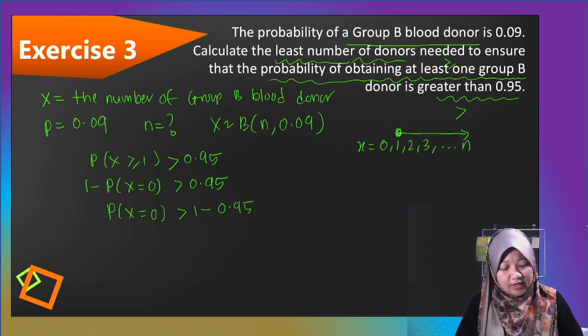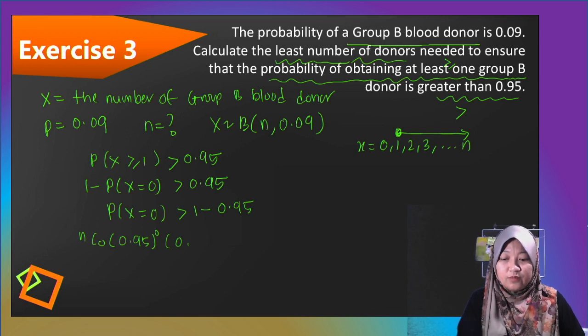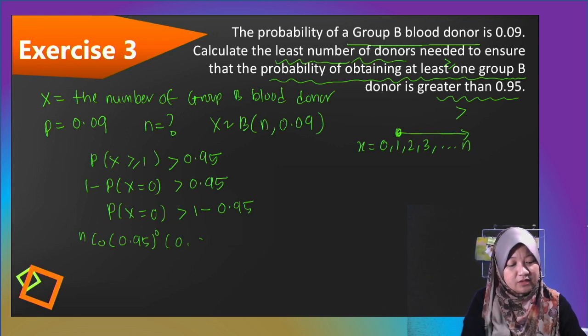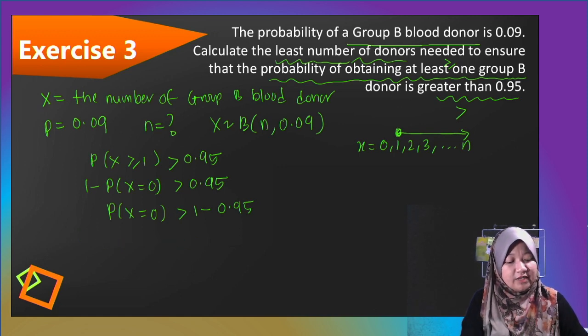So we have this part, awak boleh terus guna formula NC0. Saya silap tulis, saya betulkan sikit.